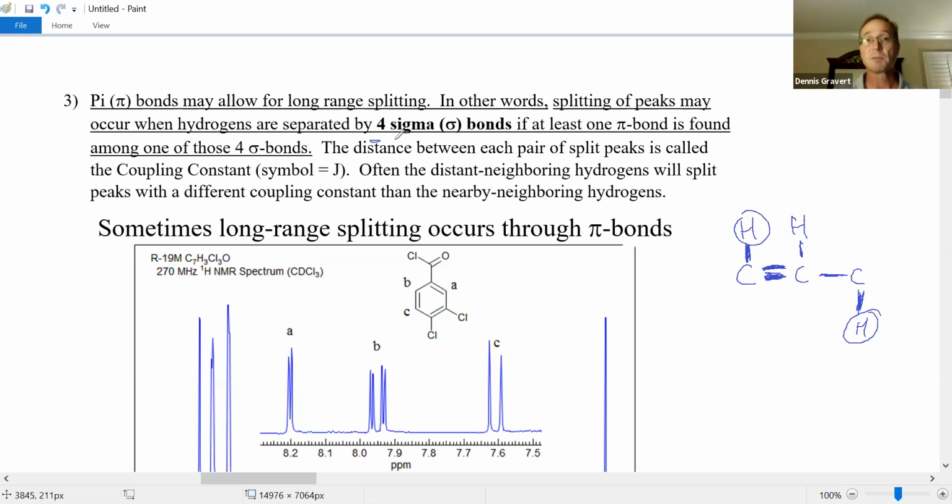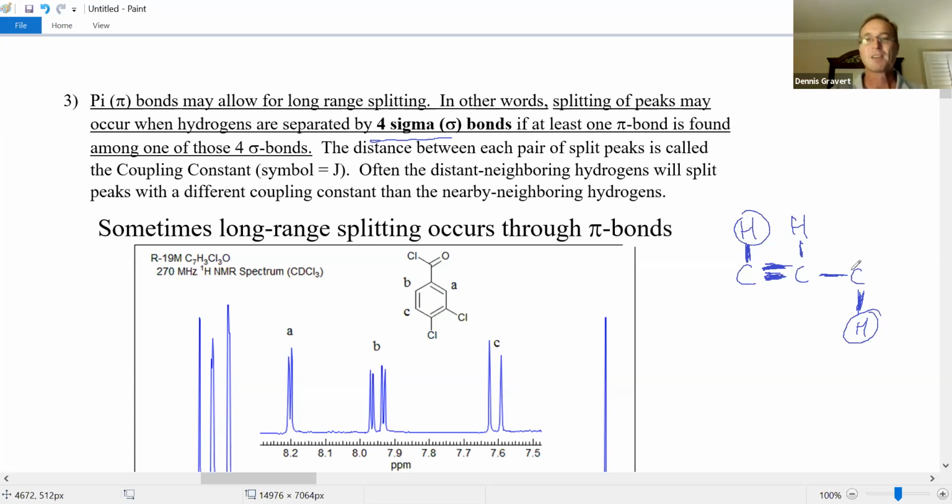It's usually 4 sigma bonds, if at least 1 pi bond is found among those 4 sigma bonds. Think of the pi bond like an antenna or an amplifier. It's amplifying the signal so they can see each other.